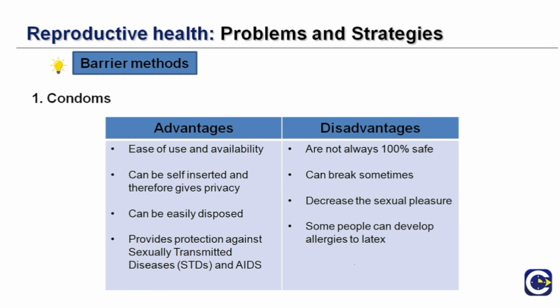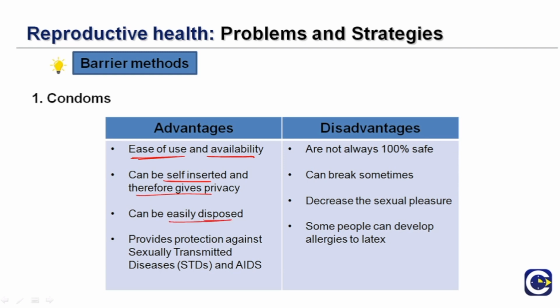Condoms have some disadvantages, but in most cases they are slight. So let us look at the advantages. The biggest advantage is the ease of use. It is very easy to use and very widely available at a lot of shops. It can be self-inserted and therefore gives privacy, because you do not need to go to any doctor and you can use it just by yourself very easily.